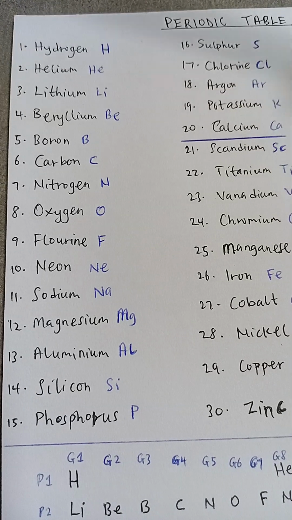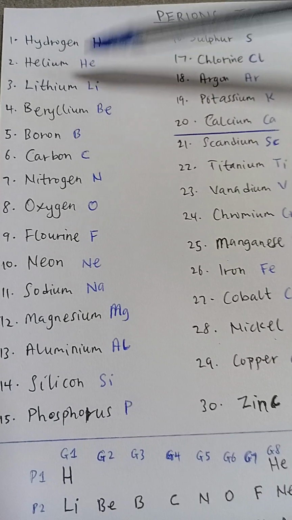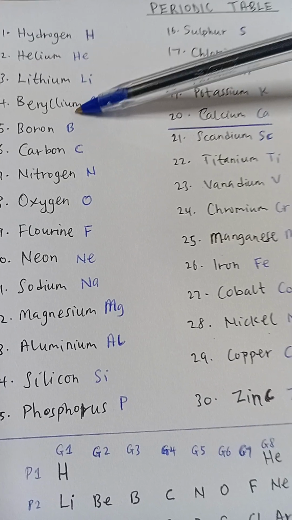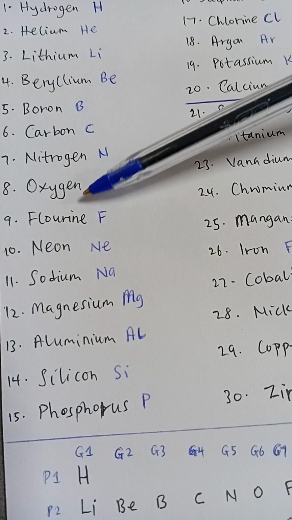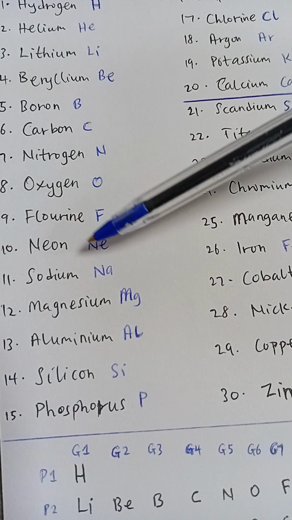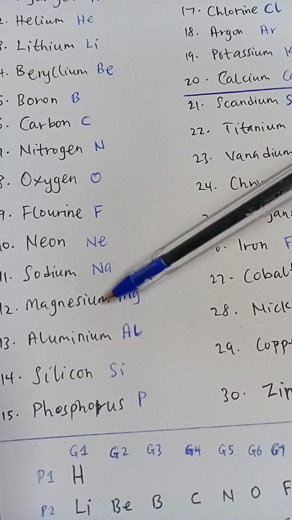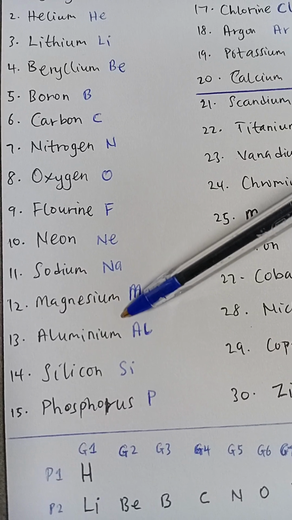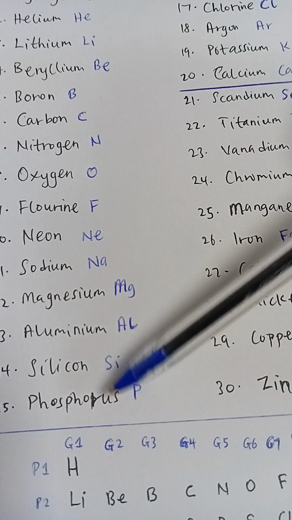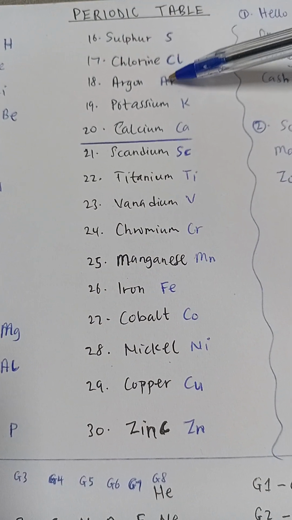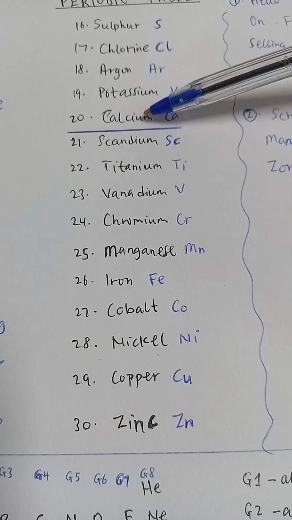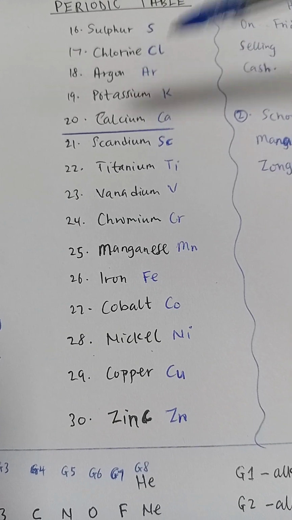So with atomic number 1, we have hydrogen, helium, lithium, beryllium, boron, carbon, nitrogen, oxygen, fluorine, neon, sodium, magnesium, aluminum, silicon, phosphorus, sulfur, chlorine, argon, potassium, calcium. So this is the first 20.